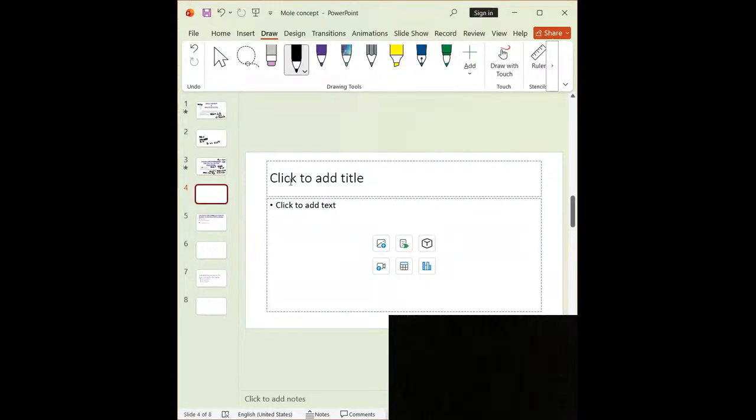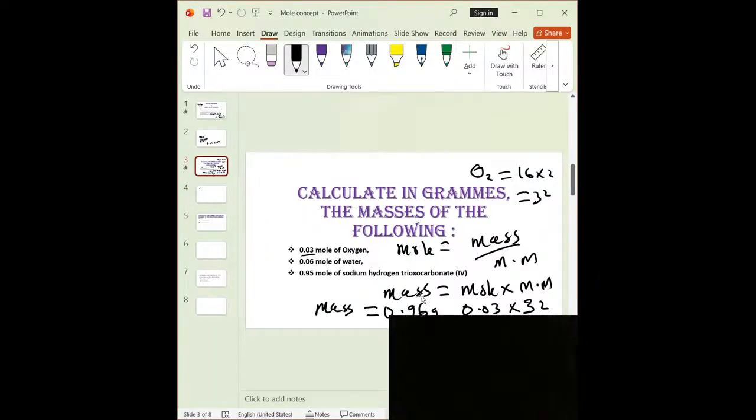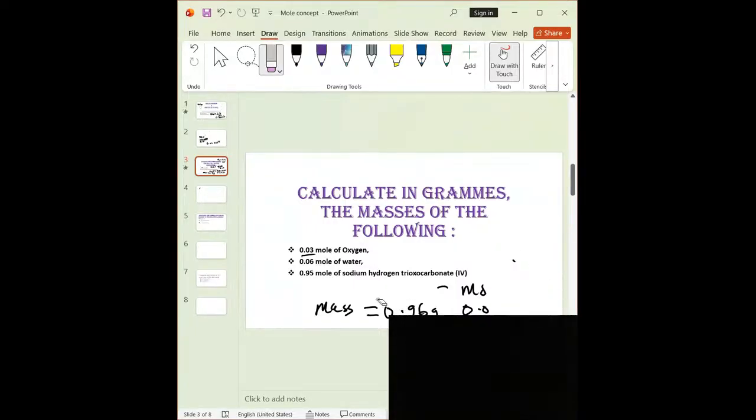And then the second one is 0.06 mole of water. How do you calculate it? Let me clear the board first to make it clear very well.